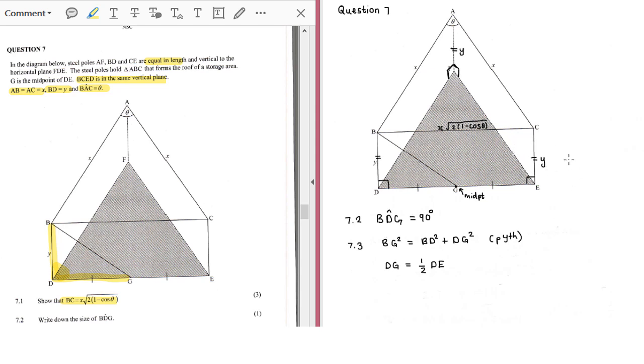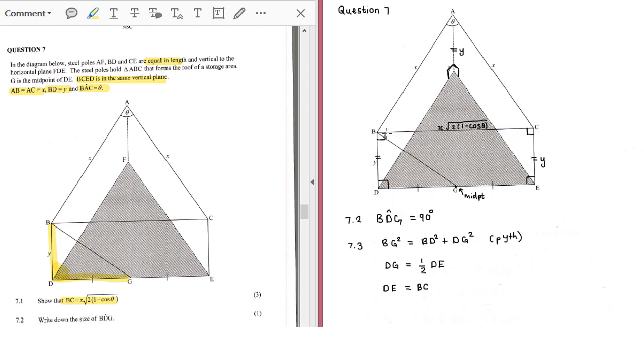So if it's perfectly vertical, then geometry basically forces that this figure BCED has to be a rectangle. In other words, we have to have a 90-degree angle over there, 90-degree angle over there, and obviously now the properties of the rectangle come in. DE is equal to BC.